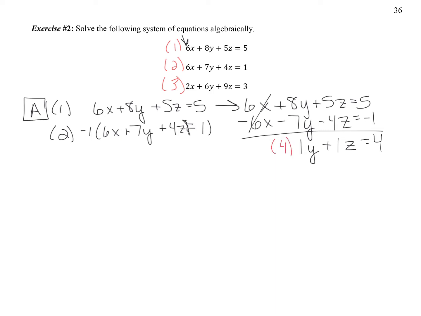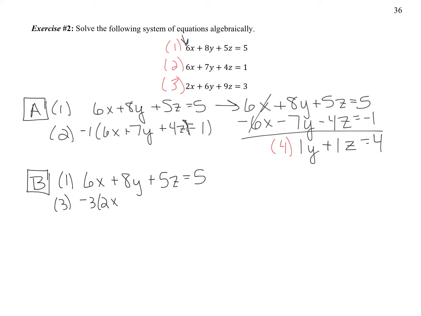So next thing we're going to do is B. I need to pick two different equations and also eliminate x. I'm going to choose equations 1 and 3. Equation 1, I'm going to leave. And then equation 3, I'm going to multiply by -3, which is going to make the 2x become a -6x, and then it will be opposites with equation 1.